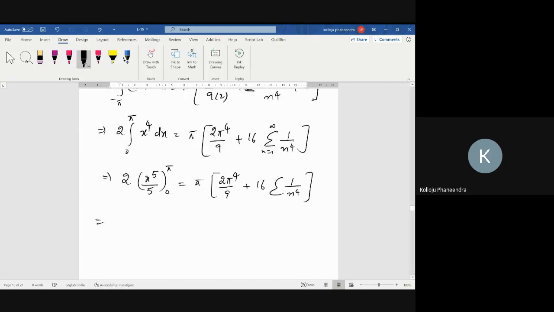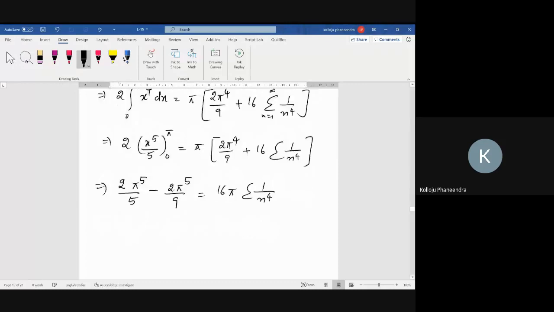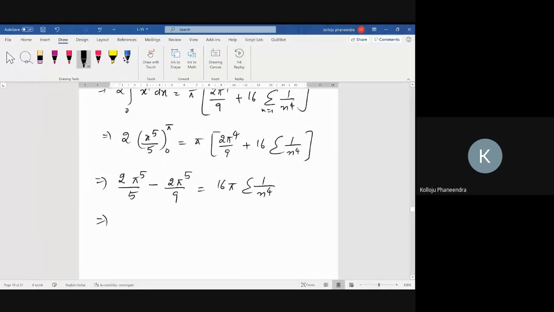So this is 2 pi power 5 by 5, and taking this one to this side, minus 2 pi power 5 by 9 equals 16 pi into sigma 1 by n power 4. And this is 2 pi power 5 into 9 minus 5, 4 by 45, equal to 16 pi summation 1 by n power 4.